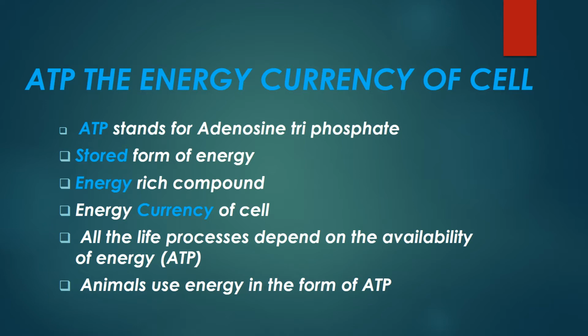So energy is used for all the functions of life processes which are occurring in the bodies of living organisms, like reproduction, respiration, movement, development, and circulation, or other organ systems in the body.